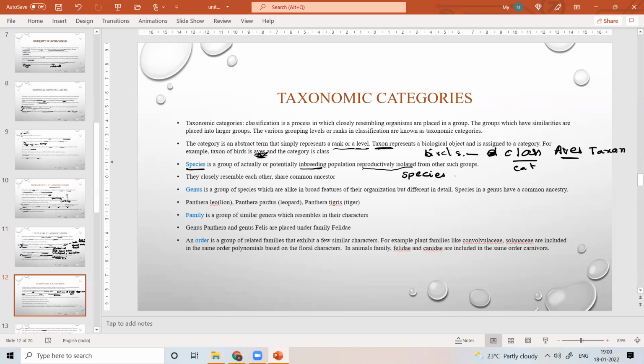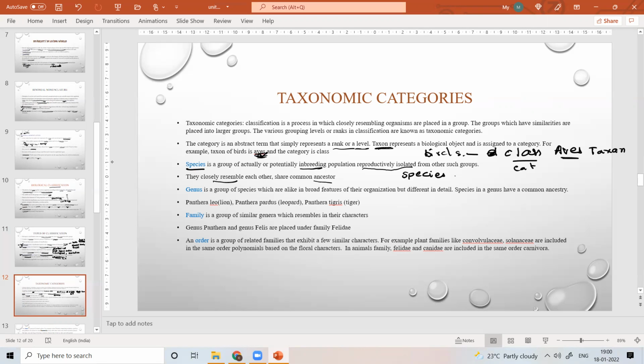They closely resemble each other and share a common ancestor. The organisms within one species generally look like each other, and they evolved from one ancestor.